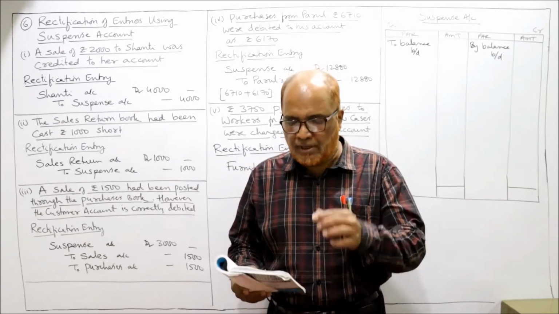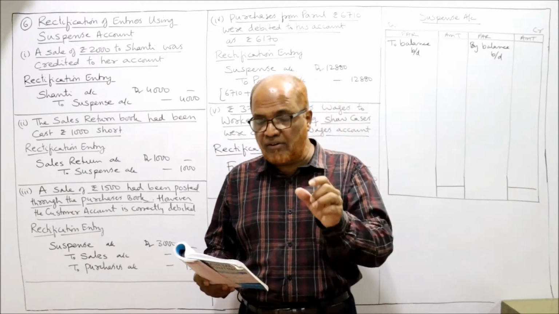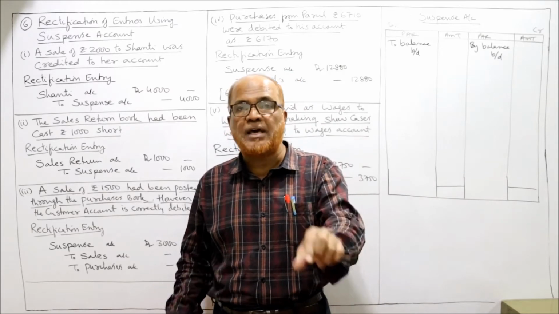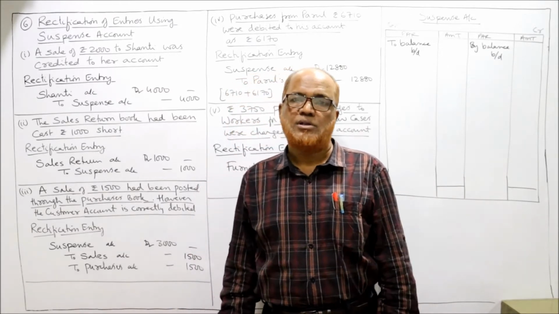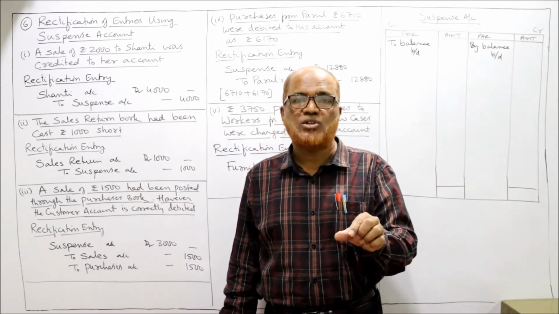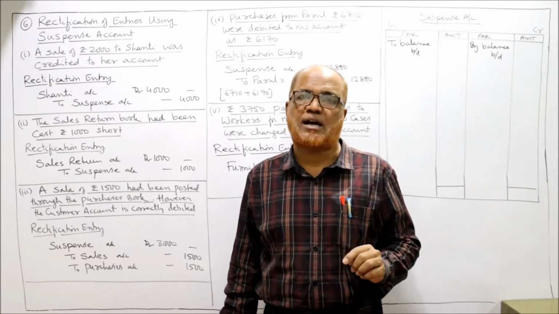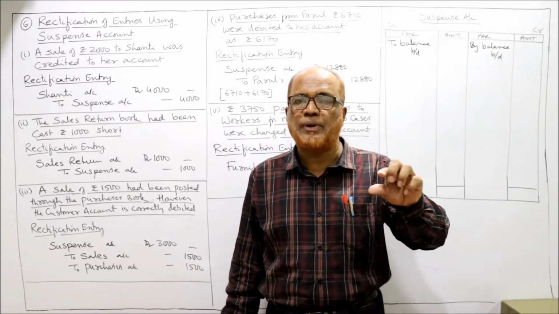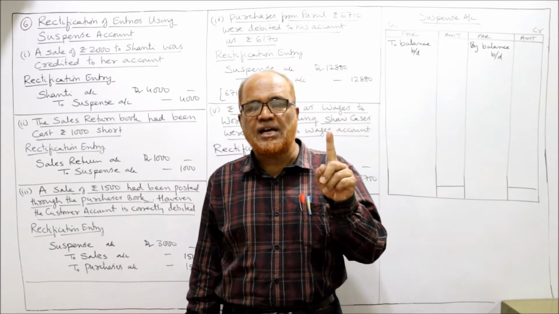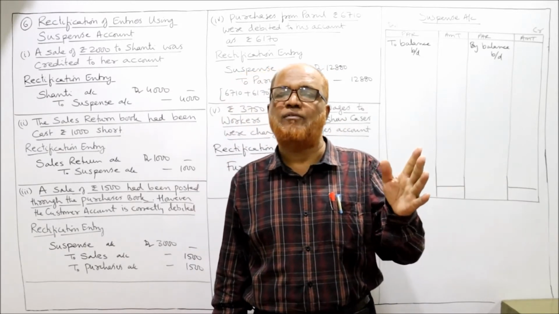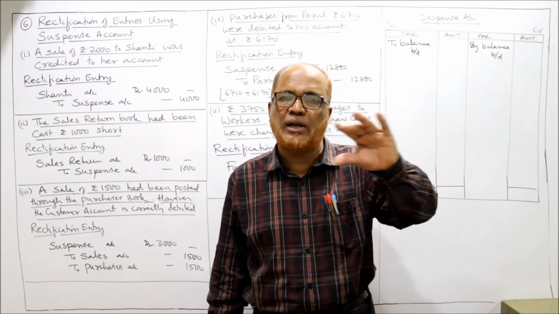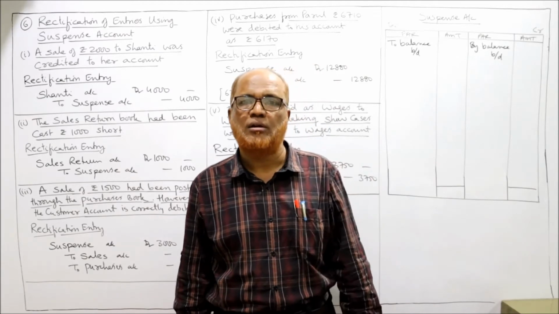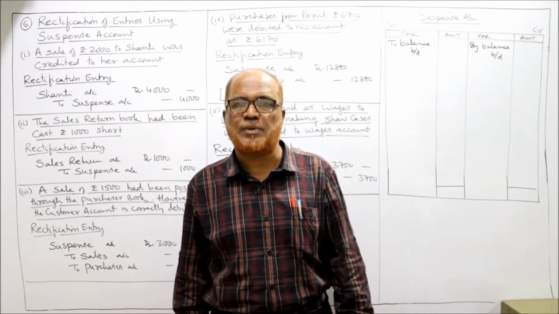In our problem, in the last sentence it is given: give rectification entries and prepare suspense account. So we have to pass the rectification entries by using suspense account. We should not give simply narration. If it is a one-sided error, in the previous problem we rectified by giving only narration, explanation, supposing that there was no suspense account.